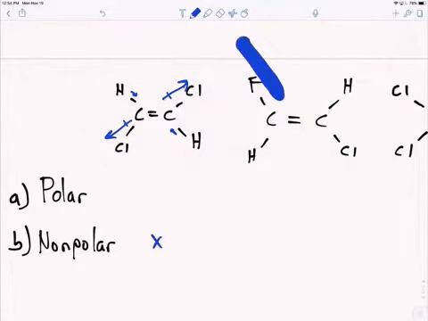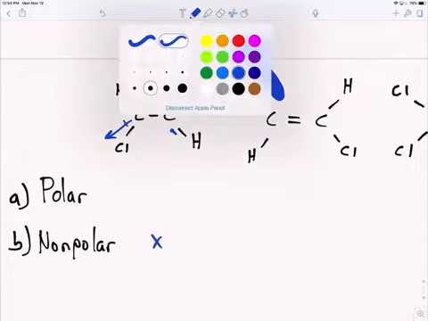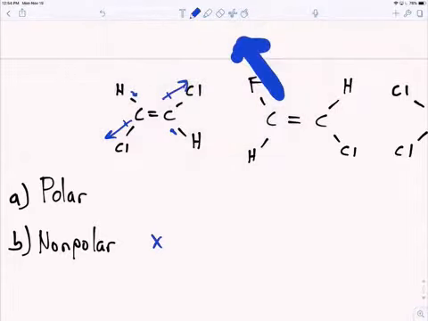So fluorine has this big honking arrow that way, and chlorine has an arrow that way. Because the magnitude of this arrow is greater than the magnitude of that arrow, we have an asymmetry which makes this molecule polar.